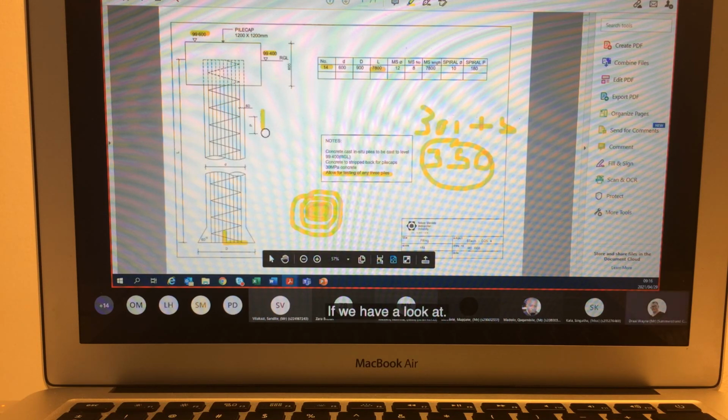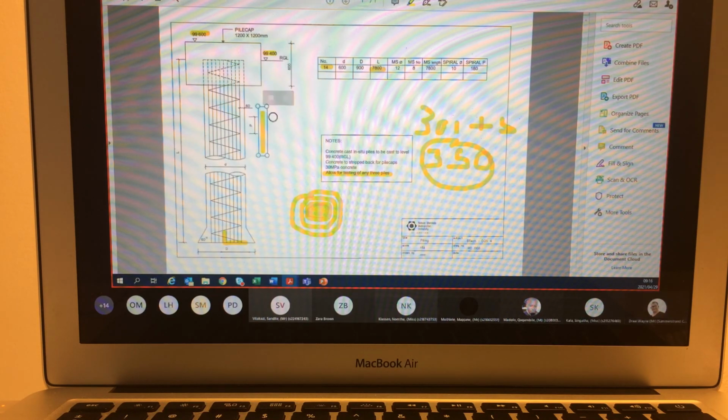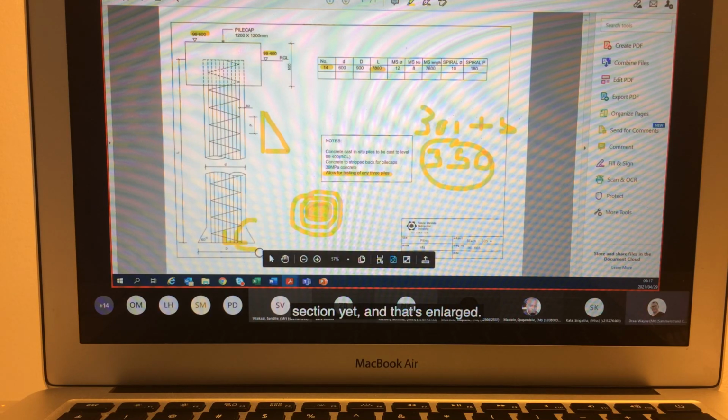if we have a look at that, there is the rim, the section here that's enlarged. Okay? And that there is 150.